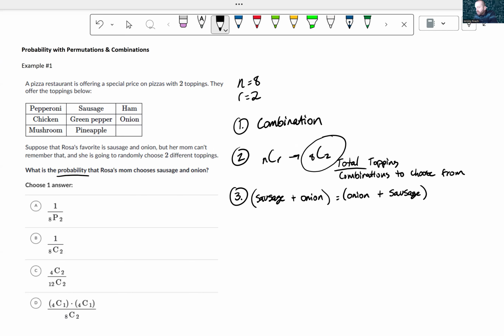So there's only one way to choose sausage and onion as a topping. Now we're going to write the probability expression, and that's 1 over 8 choose 2.